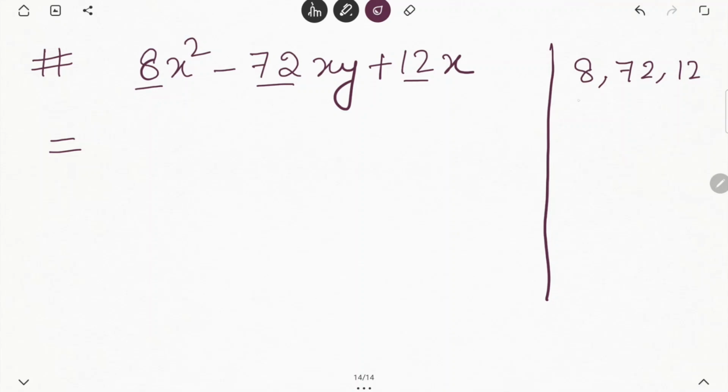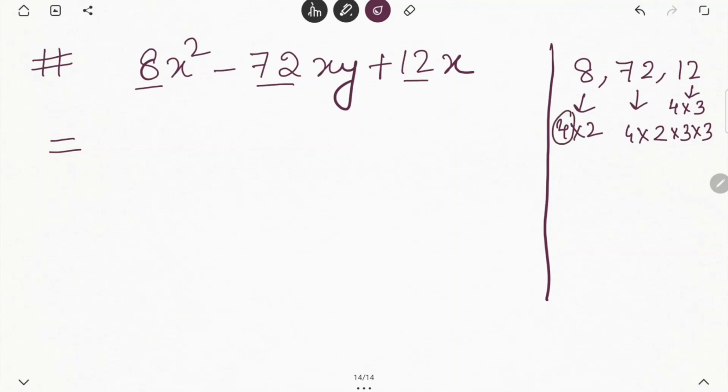See, 8 I can write as 4 into 2, okay. And 72, what can you take common from this? This can be written as 4 into 2 into 3 into 3, and 12 can be written as 4 into 3.